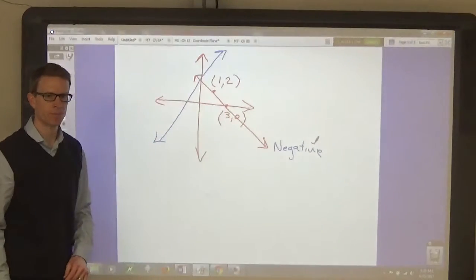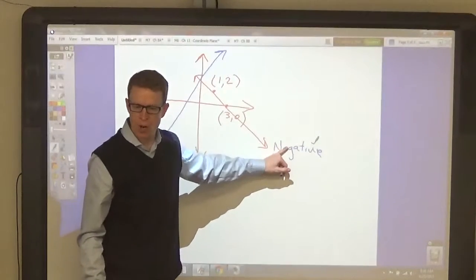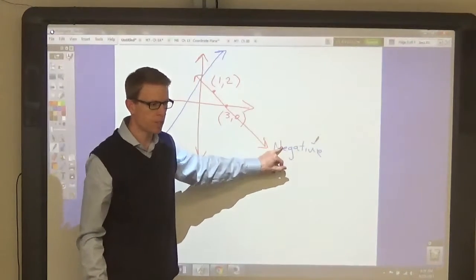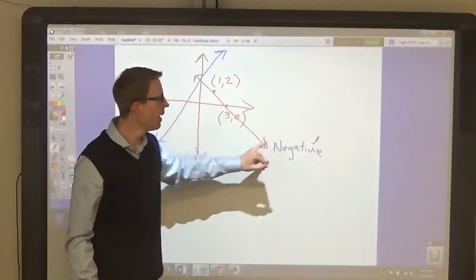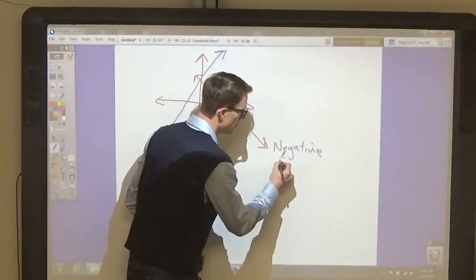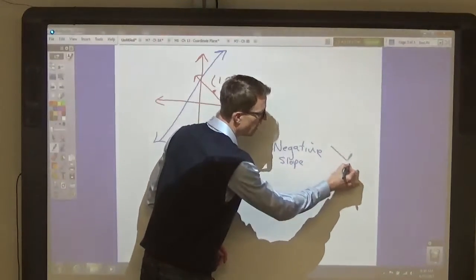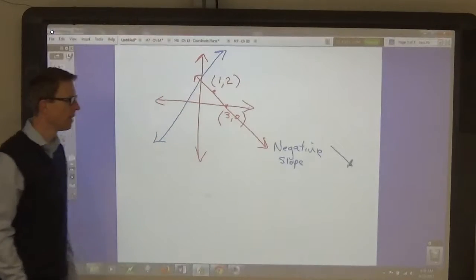Okay? Actually, write that down in your notes. Go to your notes and write negative slope, and then put an arrow that's going down to the right next to it.